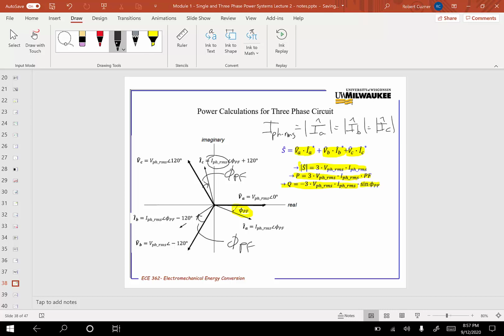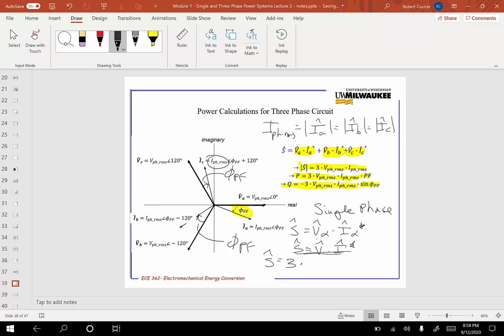So with the single phase circuit, recall we had, or we could just say V times I conjugate was S. We could think of this as, a three-phase circuit is just 3 times the value of each phase S value. So this would be like the S per phase.